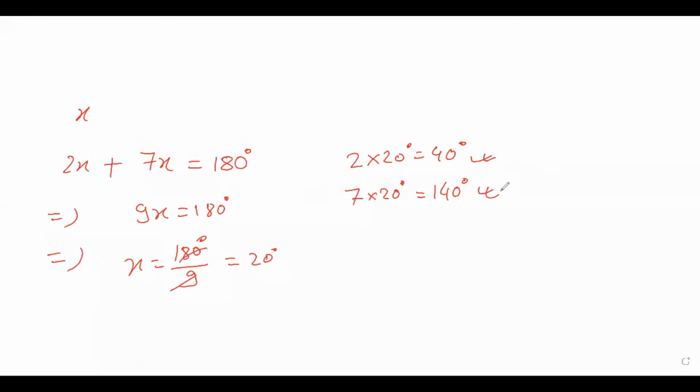The next question we will do is question number 10. Questions 8 and 9 will be your homework. In question number 10, it is given two adjacent angles are in the ratio of 5 is to 3.